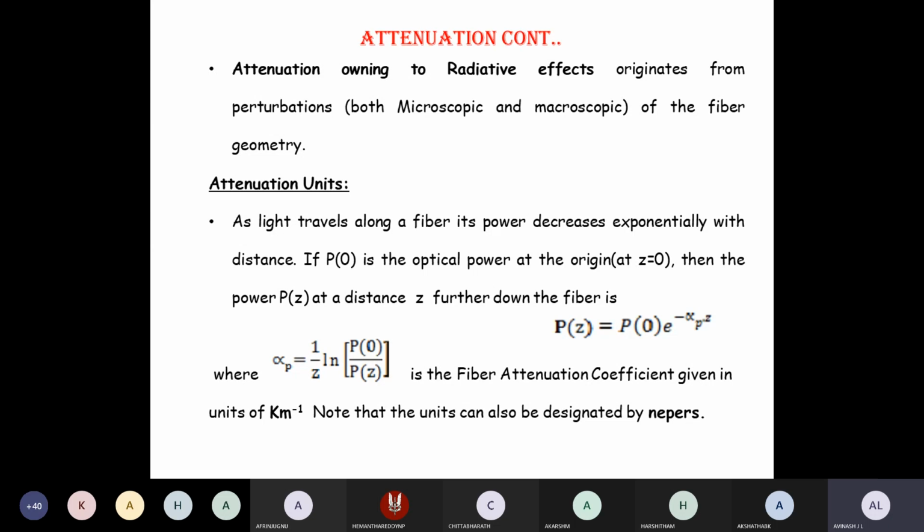This is the fiber attenuation coefficient, and the standard scientific unit is per kilometer. It is also designated by Napiers.